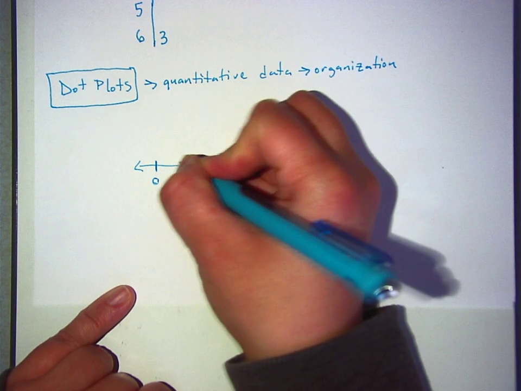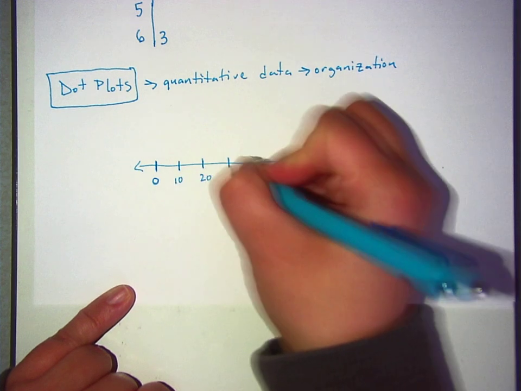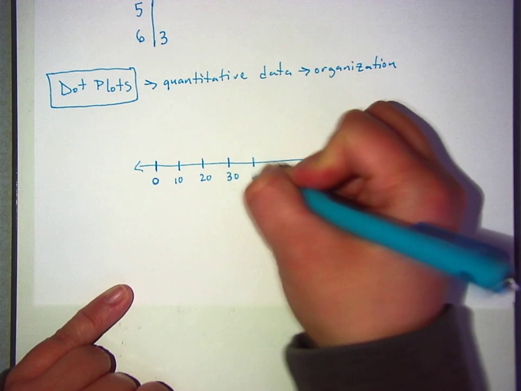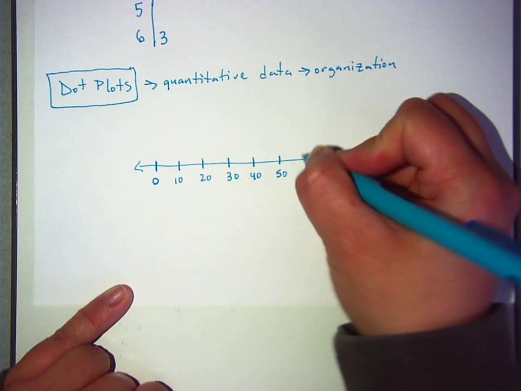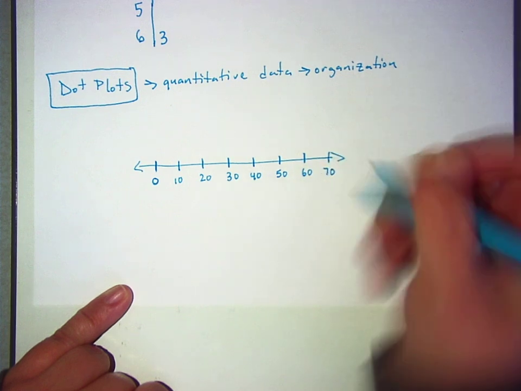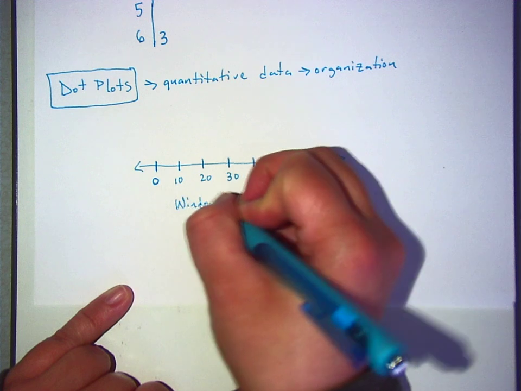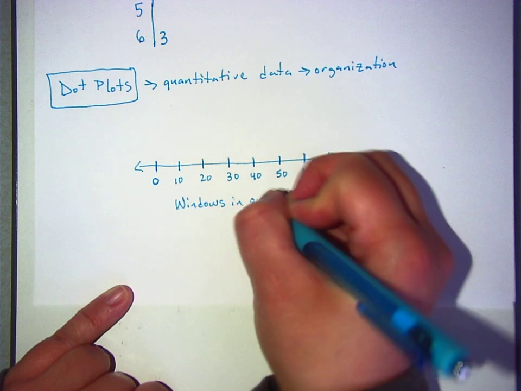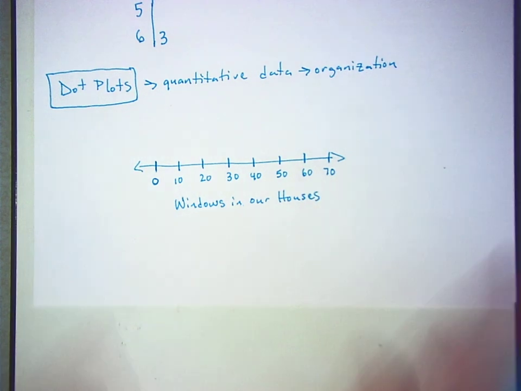I'm going to go 0, 10, 20, 30, 40, 50, 60, 70. I'm labeling it at the bottom, windows in our houses.